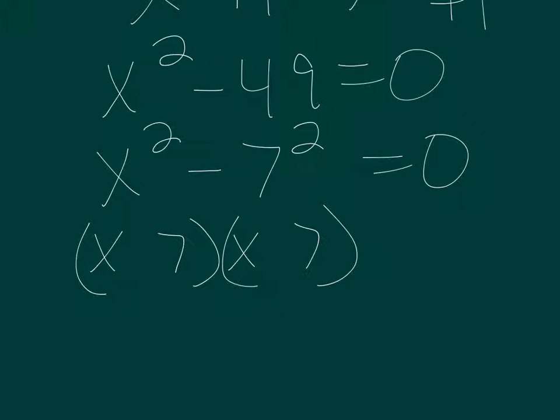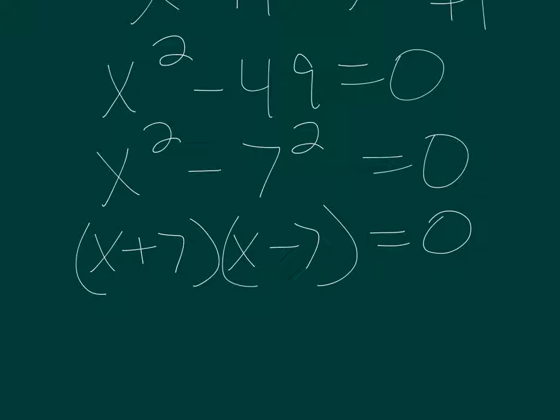So we're going to have the two terms. We're going to have a plus in between and a minus in between. And if you were to multiply this out, you would see that the middle terms would cancel, because you would have a negative 7x plus 7x, leaving you with 0. So you would only have the first term, which is x squared, and the last term, 7 times a negative 7, is a negative 49.